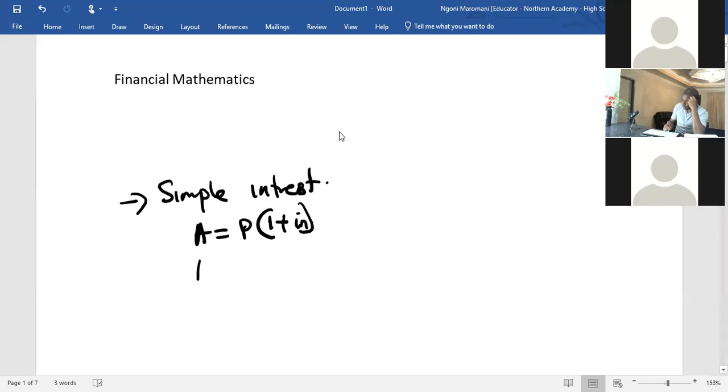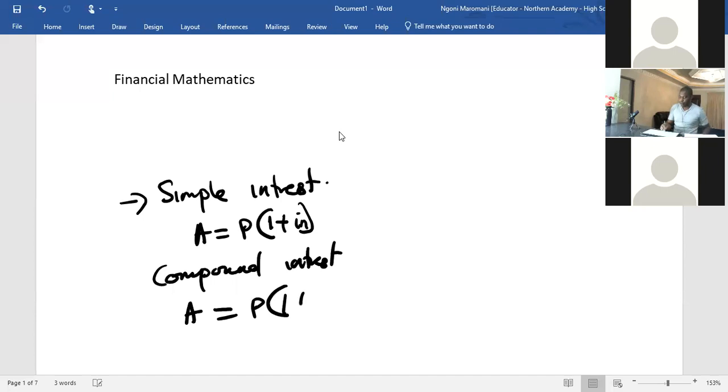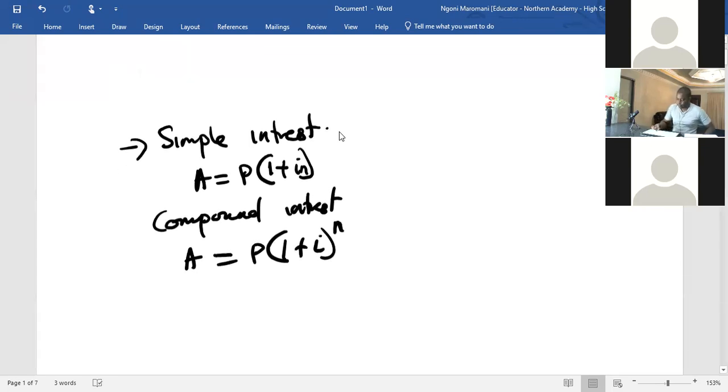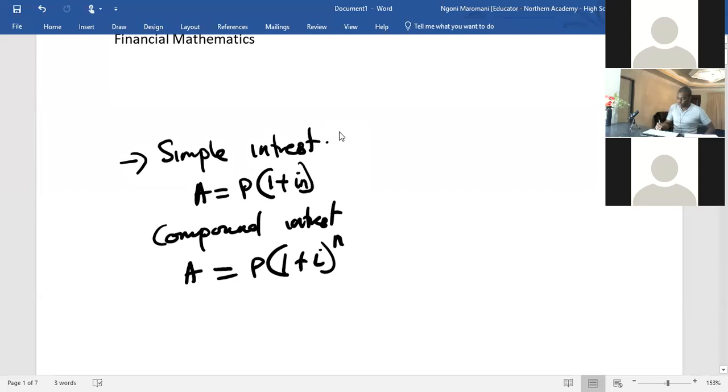So this is the simple interest formula. Then the compound interest says A equals P into 1 plus i to the power n. Are we following up there, guys? Yes, this is what we did in grade 10.